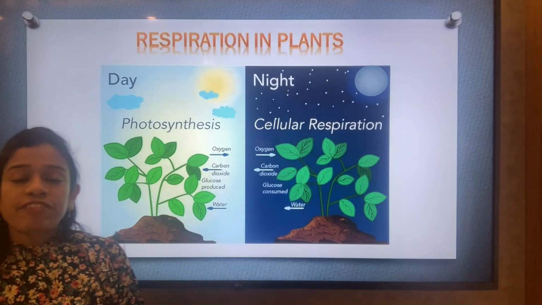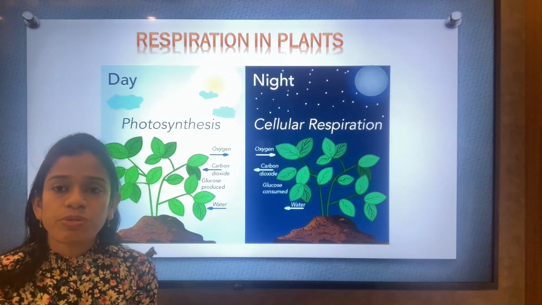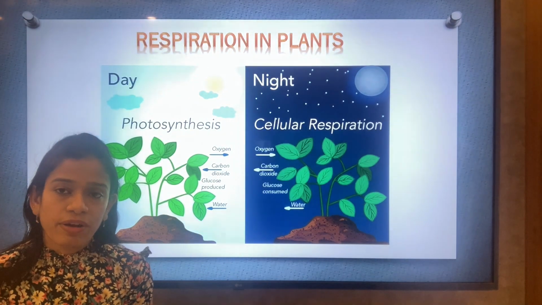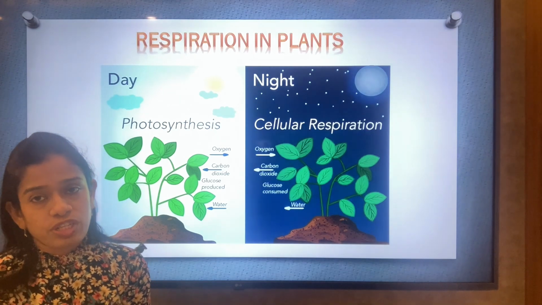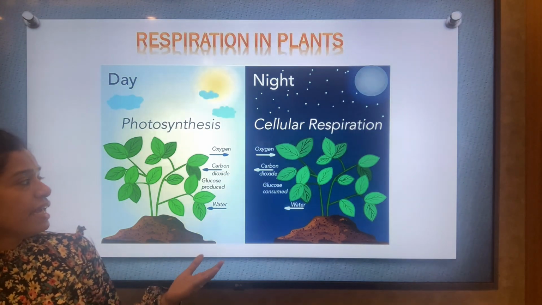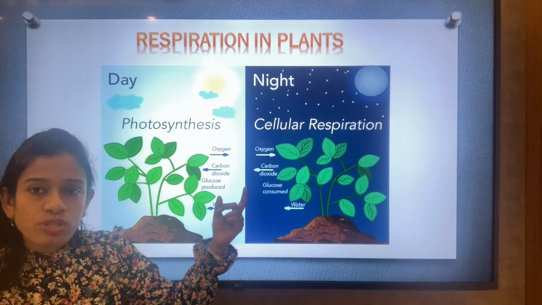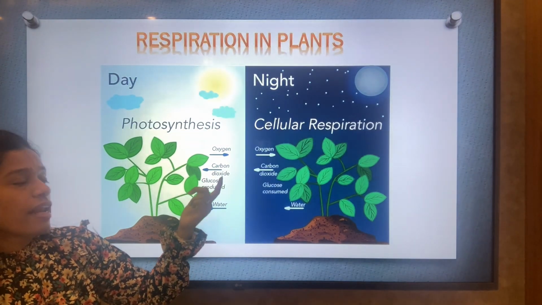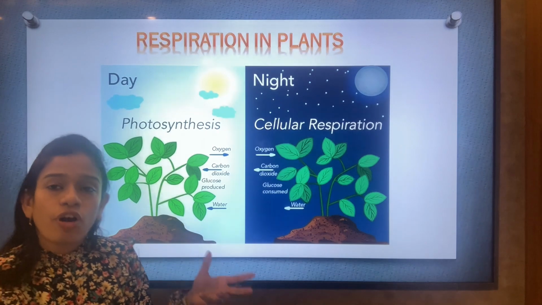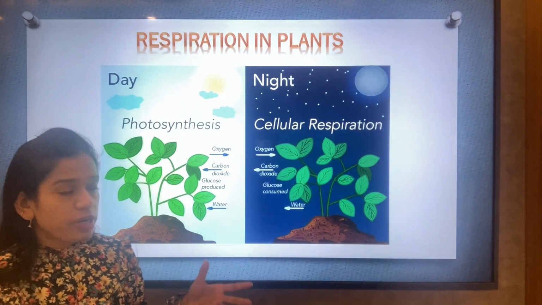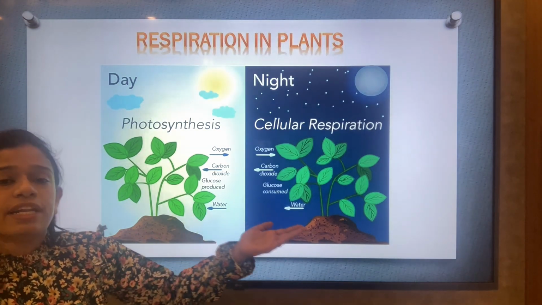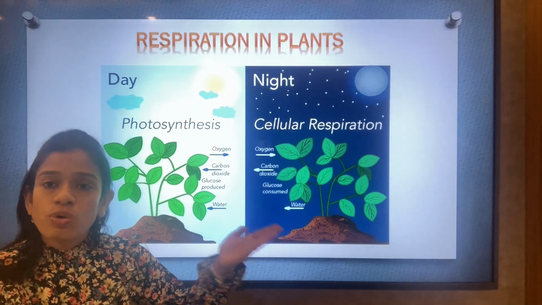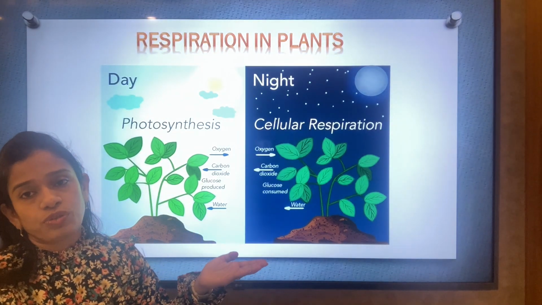And not only human beings, all living beings respire. So even the plants also respire. During the day, oxygen is given out during the process of photosynthesis, and carbon dioxide is taken in for photosynthesis, or preparation of glucose. During the night, when there is no sunlight, there is no process of photosynthesis.